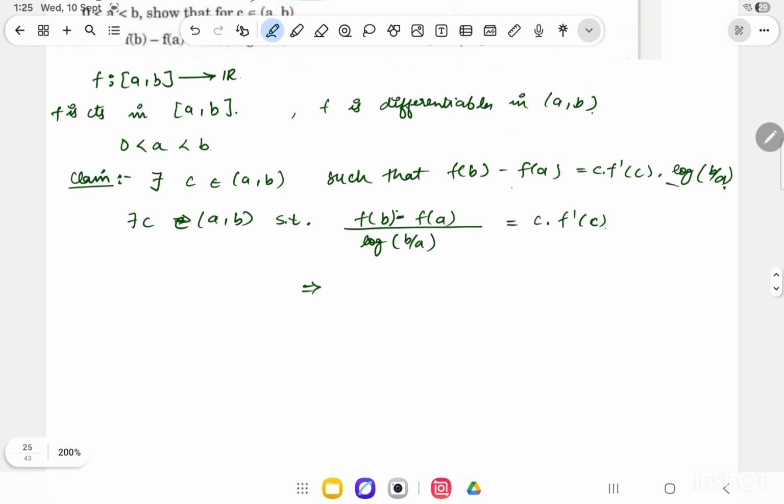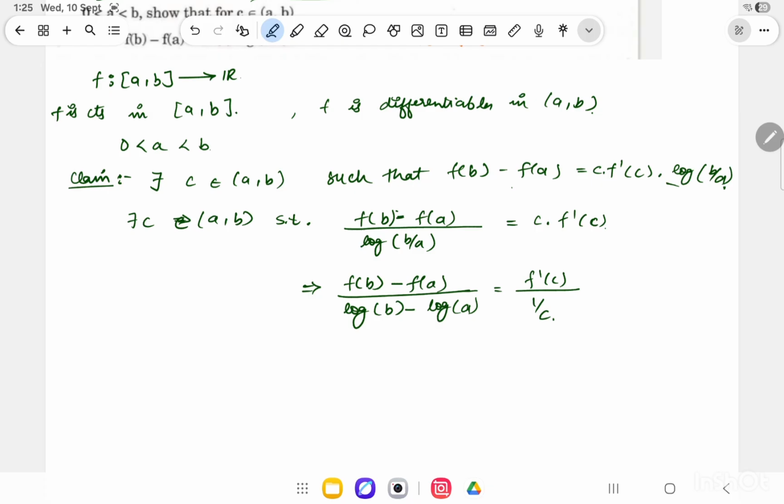That is basically, I can write it as f of b minus f of a divided by log b minus log a, and this thing is equal to f dash c divided by 1 by c. I can write it as this.